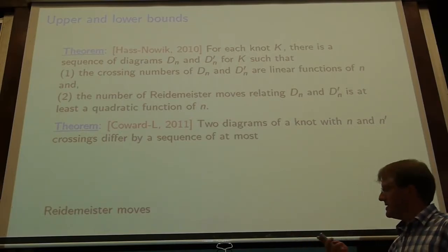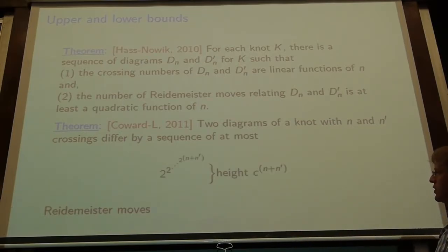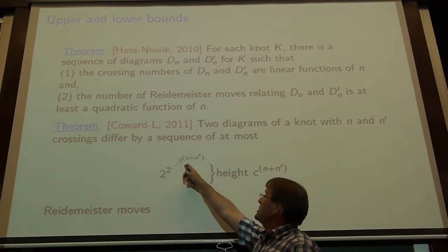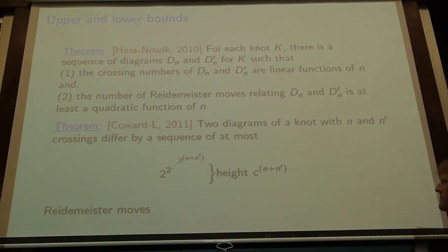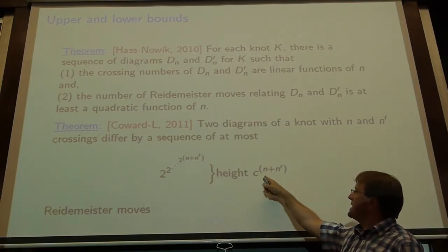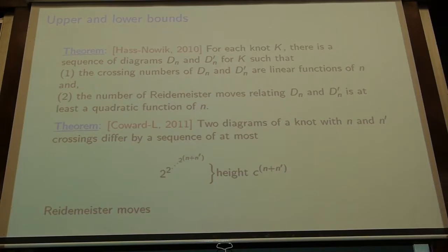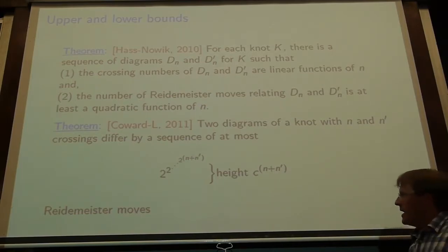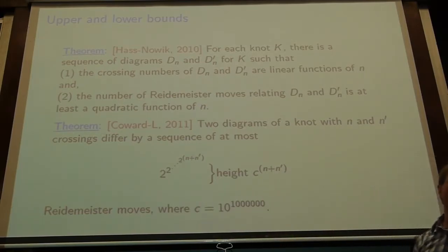So I've left a big space because it's 2 to the 2 to the 2 to the 2 to the 2 to the n plus n prime, and this is a tower of 2s of height exponentially large, it's c to the n plus n prime, where c is a mere 10. So, yeah, it's a big number, but it was the first bound that was known to be primitive recursive. Well, that was just known to be computable.